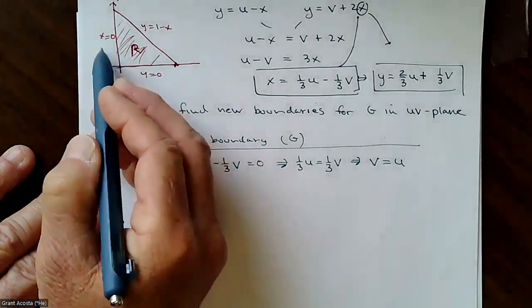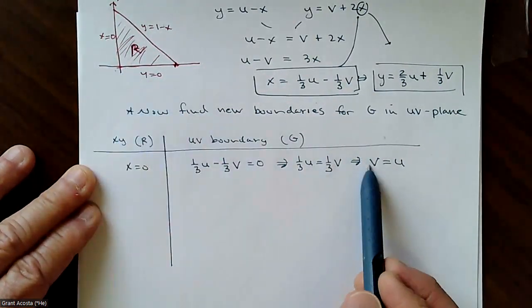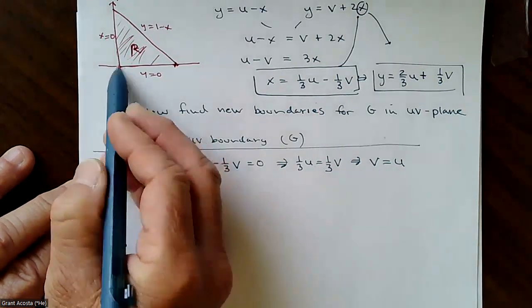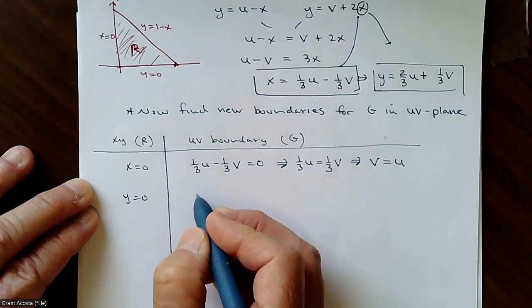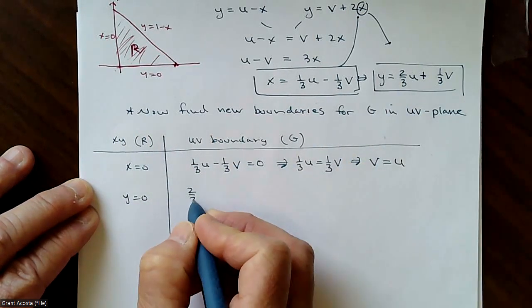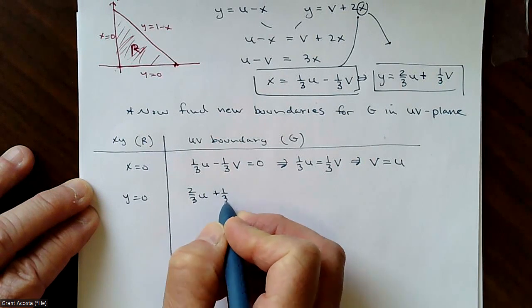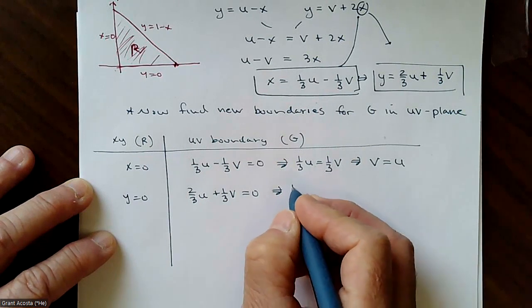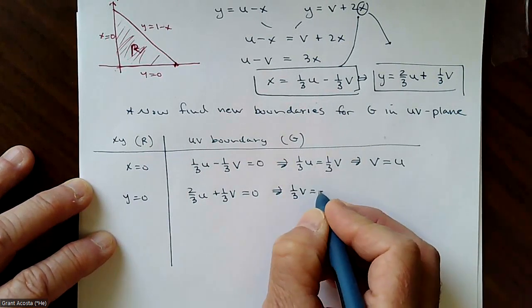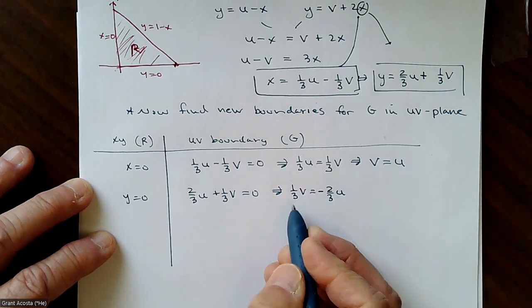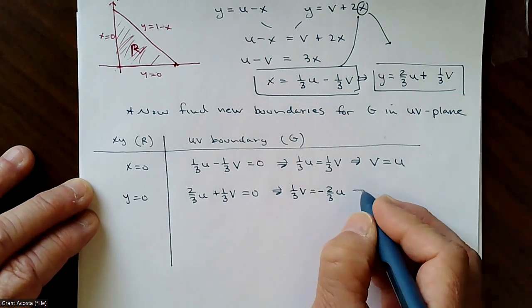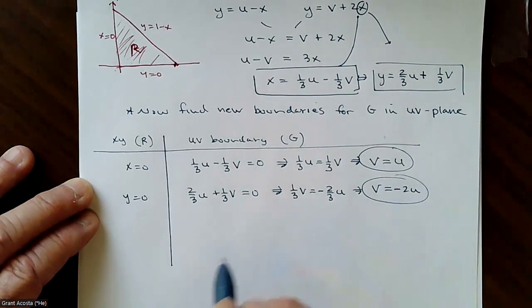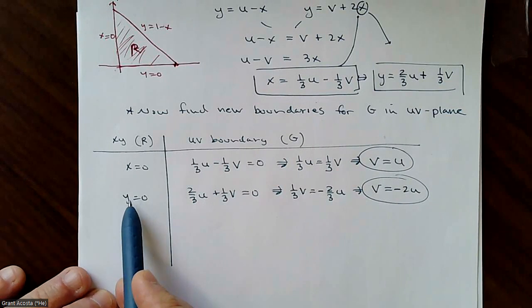So this left boundary in the xy plane is equivalent to v equals u in the uv plane. Another boundary was y equals 0. Well, if y is 0, that means that 2/3 u plus 1/3 v equals 0. And if I solve that, I have 1/3 v equals negative 2/3 u, multiplied by 3. That gives me v is equal to negative 2u. That's also another boundary for this one.